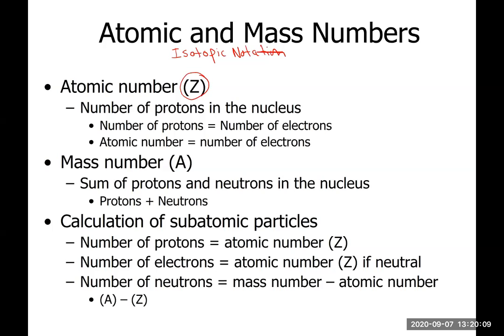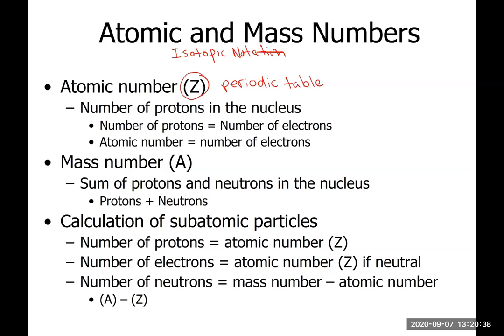So Z is the atomic number, and we can get that atomic number anytime we want from the periodic table. And you will always have a periodic table available when you're taking exams. And even as we move further through this class, starting now, you're going to start having a periodic table available for you when you take quizzes as well.